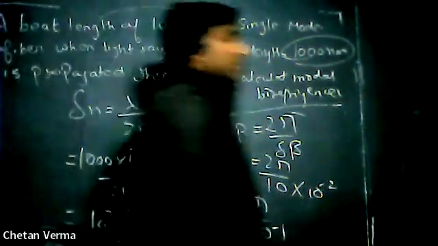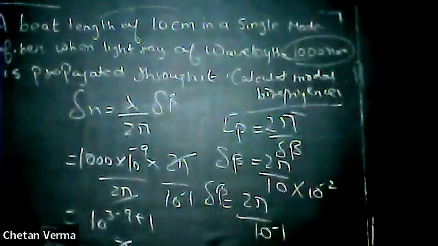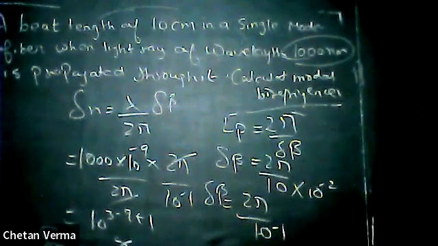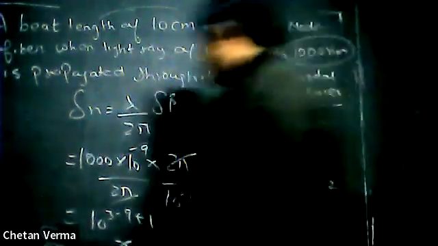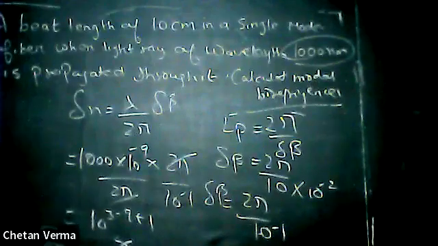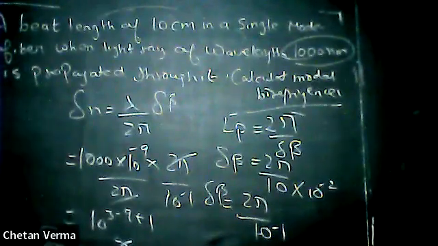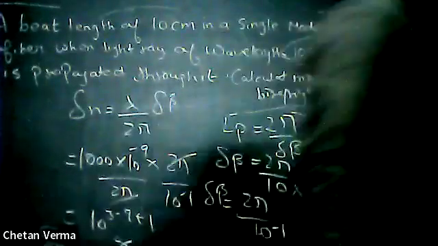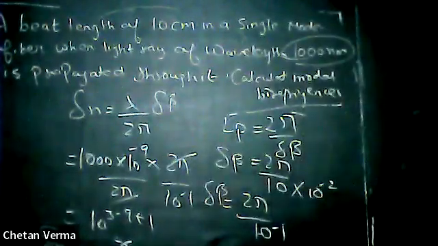Calculation in this way, that is the calculation of the modal birefringence. That is the calculation of the beat length by using the modal birefringence. Check out this numerical, that is clear to all of you.